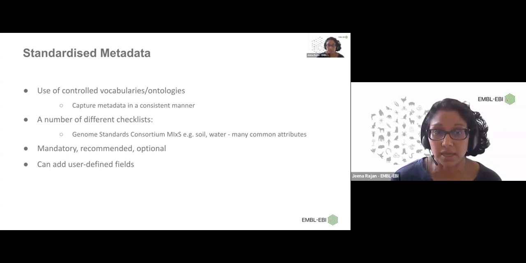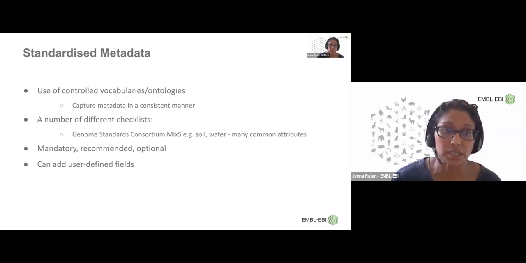Recommended means it's quite a useful one to have in there, but it's not mandatory. And optional is nice to have. And you can also add user-defined fields. Many of our projects that use BioSamples use user-defined fields. It's important to harmonize these across the project, different partners in the same consortia, for example, before adding them. But this is a way to add your own custom fields.